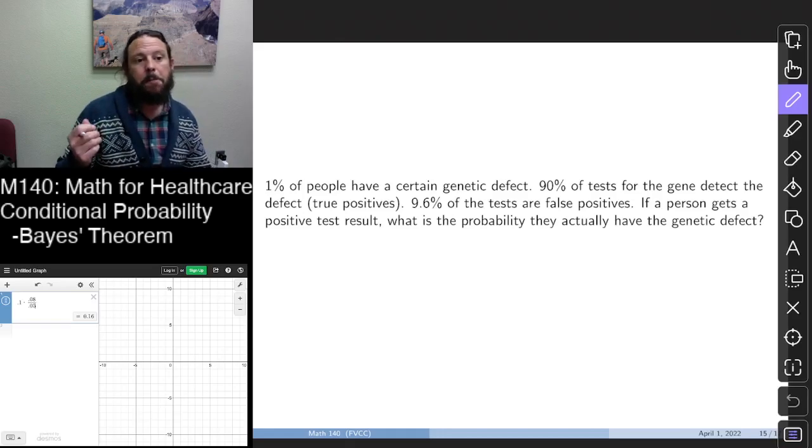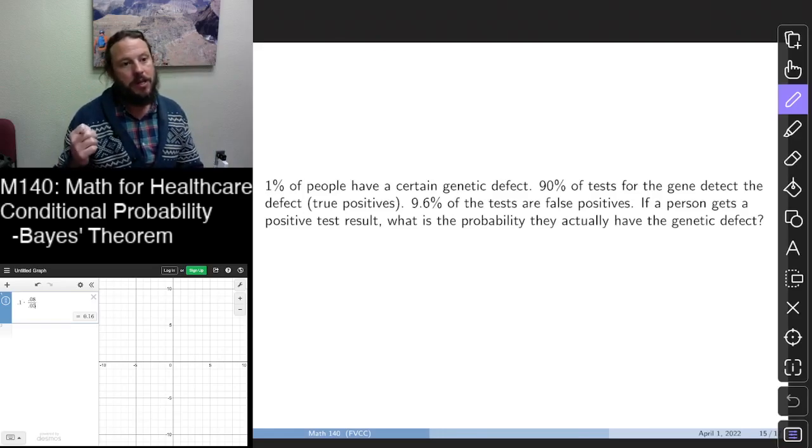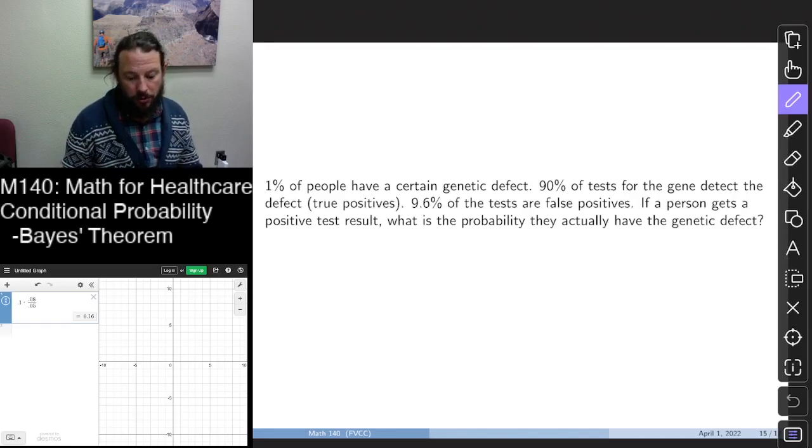All right, so here, the first thing, just like in the linear and the exponential section, is to define what we're using.